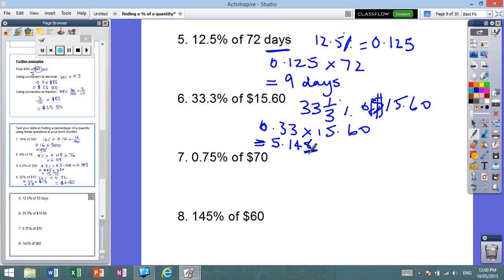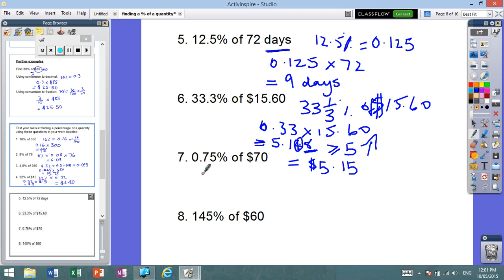Now this 8 is greater than or equal to 5, so we need to increase the number beside, this 4, to round it. So that should equal $5.15. You need to make sure that you can actually round your decimals.